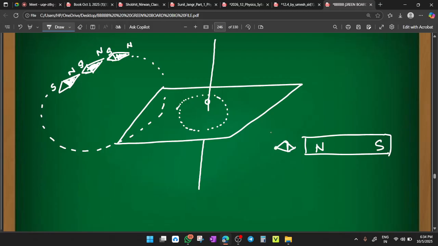So first your north pole is here, then second is here, then third is here. Then you join all the north poles and you have the magnetic lines of forces. Clear or not clear? Similarly, you have to do here. You have to plot all the north poles. Then you will have concentric circles.